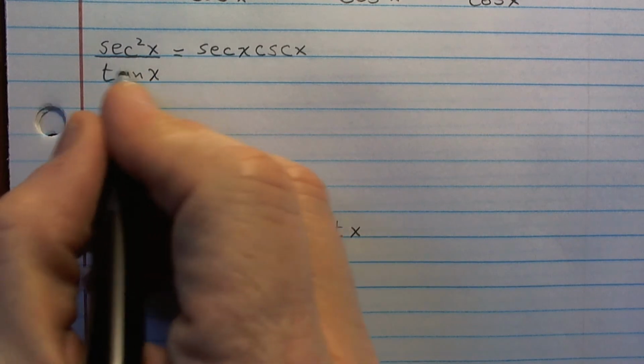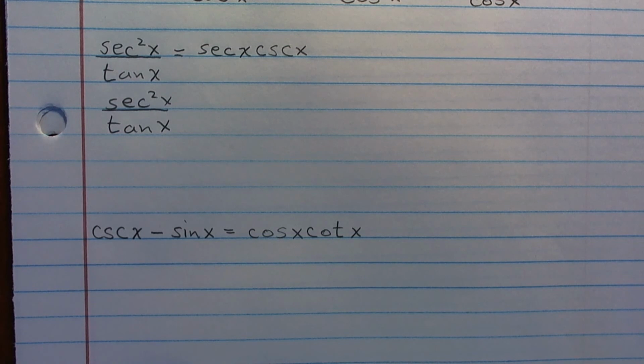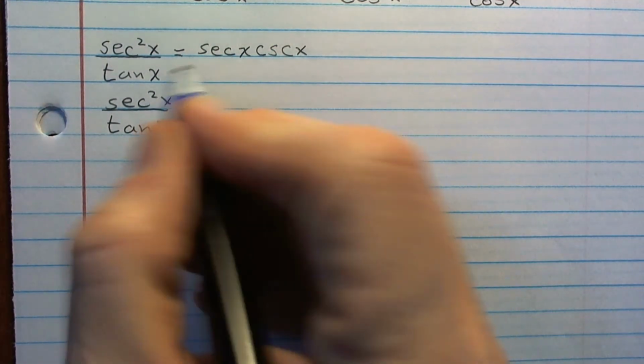Now I'm going to work with this side over here. So we've got secant squared x over tangent x. Okay, so once again, I'm kind of stuck there. But I just go to my default.